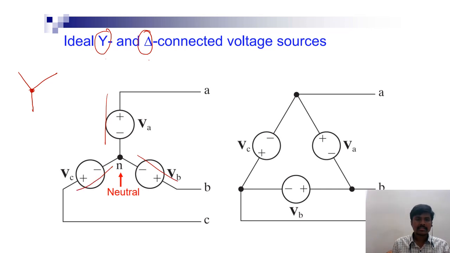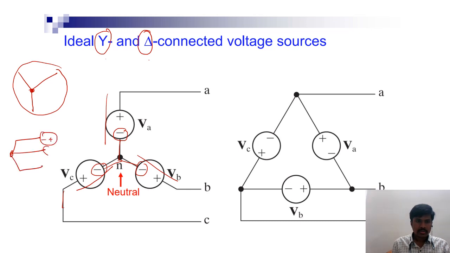The three negative terminals are connected to one common point, which creates the star connection formation. You can also represent this in other ways; it is not compulsory to draw the star connection like this only.